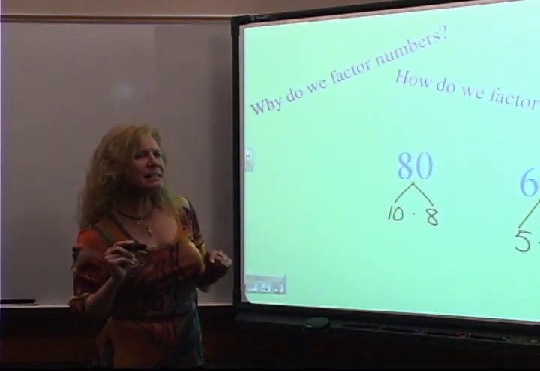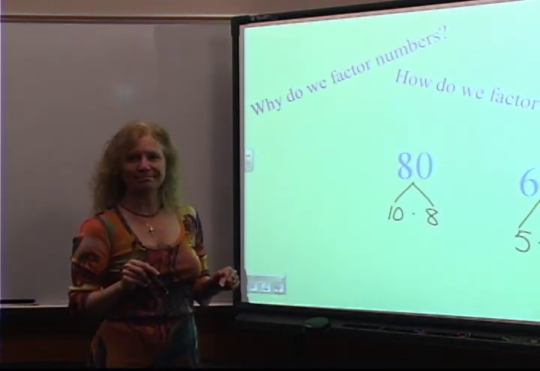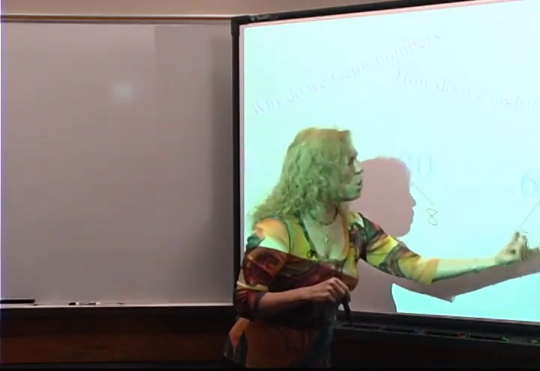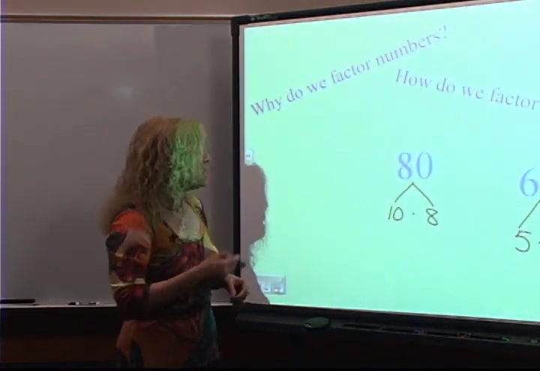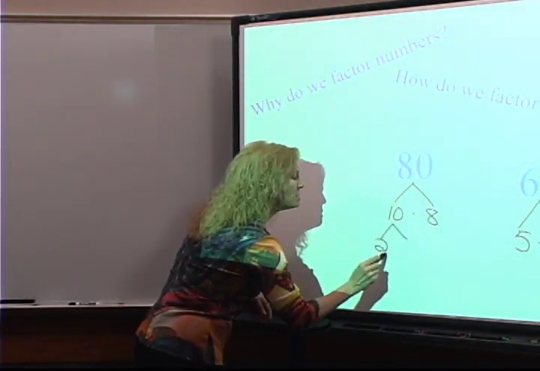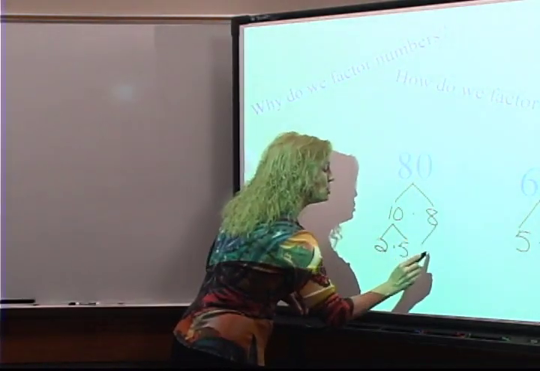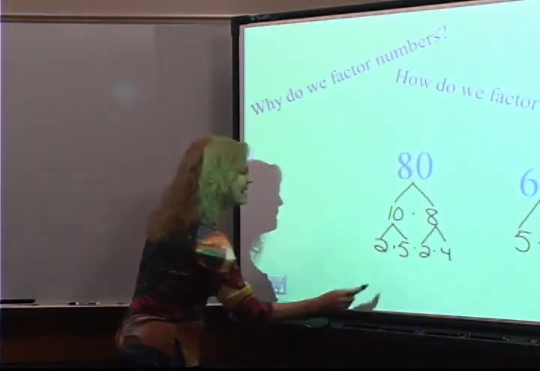Now, am I done factoring? No. That's why I picked this guy. Because with the 65, one time and I'm done because 5 and 13 are prime. But in this case, I am not done, so I break this down. That's 2 times 5. And my 8 is 2 times 4. And then you say, oh goodness, I have to break this down again.